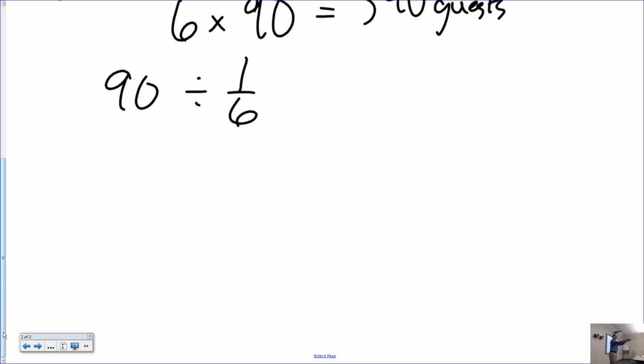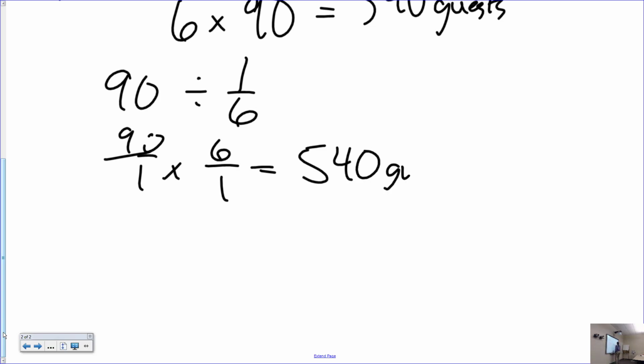How do you divide, Steve? You flip the 1/6 to 6 over 1, and notice what you wind up doing. Your division is really multiplication, right? So either way you look at it, you're getting 540 guests either way.